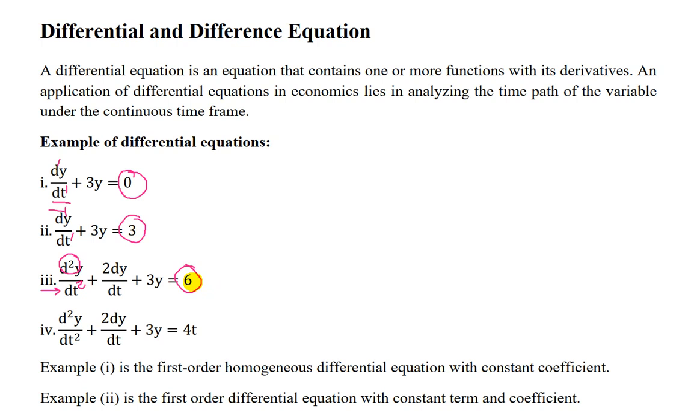If it's 0, then it is a second order homogeneous differential equation. The fourth example is also second order because it contains a second order derivative, and it is of variable term because we have t, so it has a time factor on the right hand side.